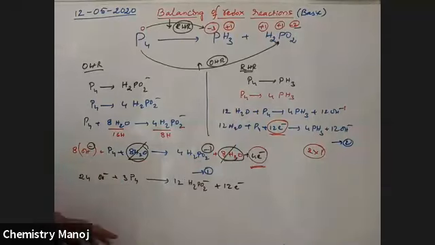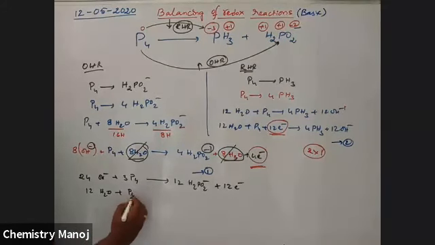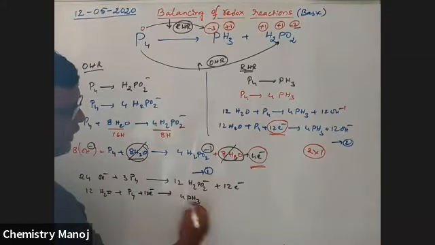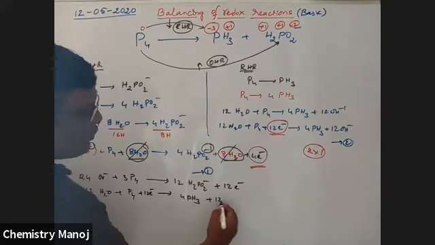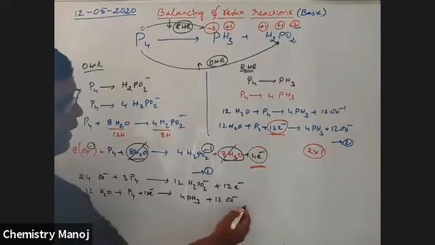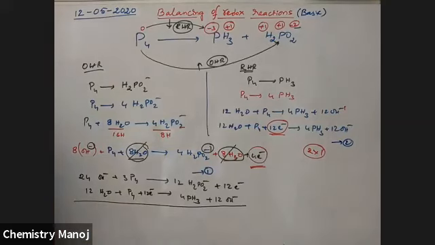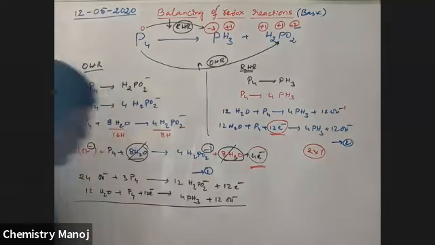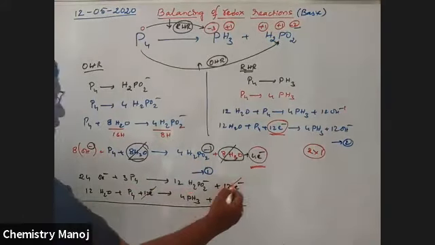Now take equation 2 as it is. Now I am going to write under this part: 12 water molecules, 1 P4, 12 electrons gives 4 PH3 plus 12 OH minus. Add these two equations. Now 12 electrons and 12 electrons are going to cancel.